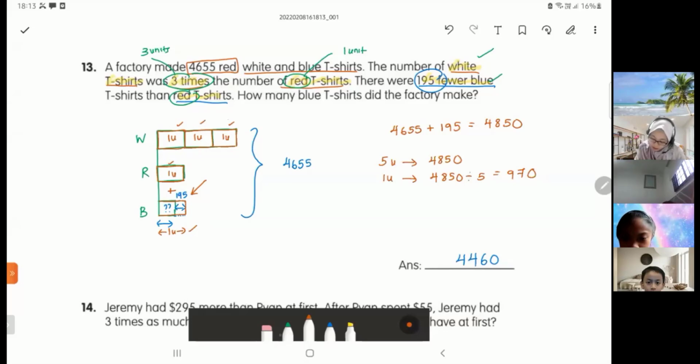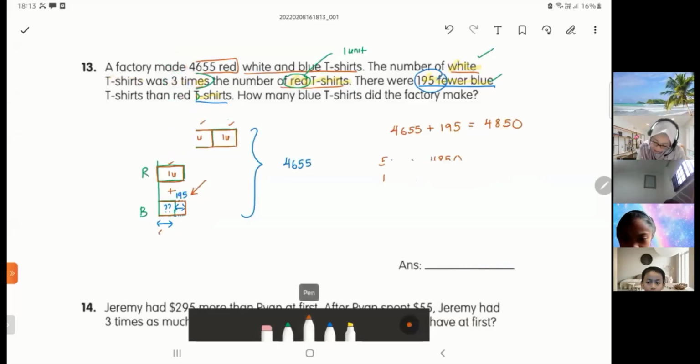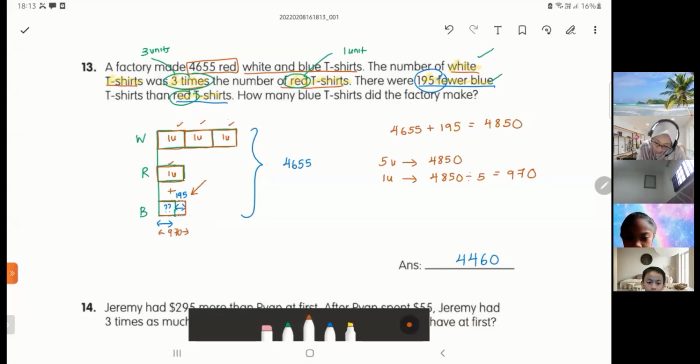So this 1 unit here, I can write as 970. But what I want is just this part. I must take away my 195 again, because just now I added it in, now I take it back out. So blue will be 970 take away 195, and my answer is 775. Not this, 775. Okay?